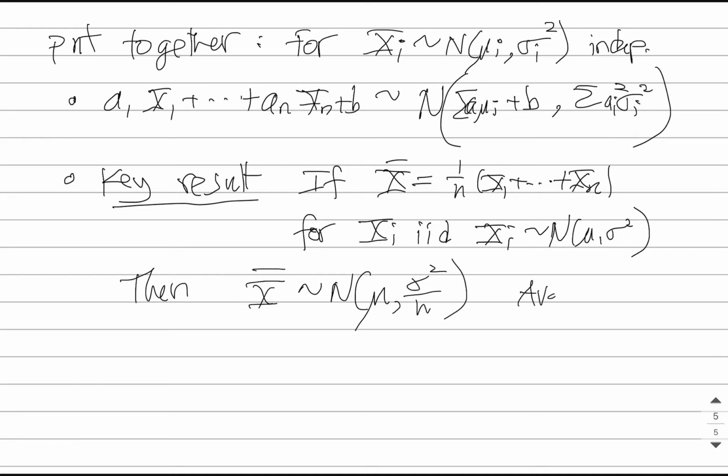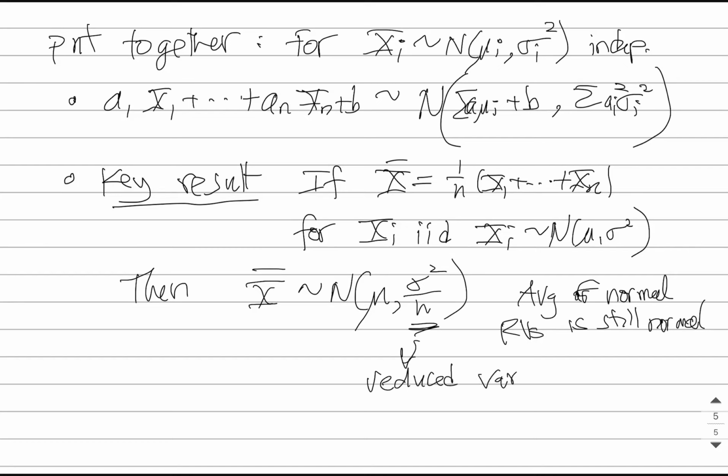So the average of normal random variables is still normal. But the key idea is that it has reduced variability.